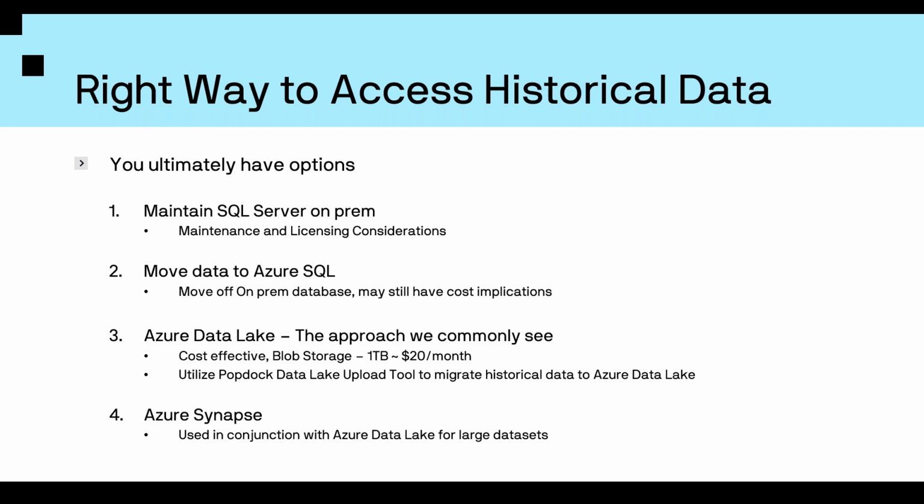The last point that I brought up here is using Azure Synapse. Now, we use this in conjunction with our Azure Data Lake functionality, and this is really for scenarios where we're working with really, really large data sets.